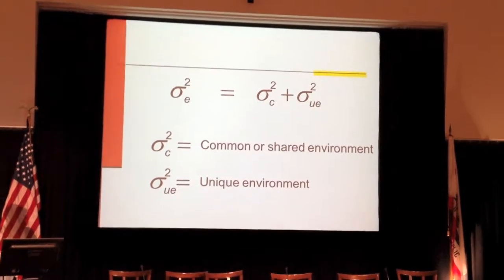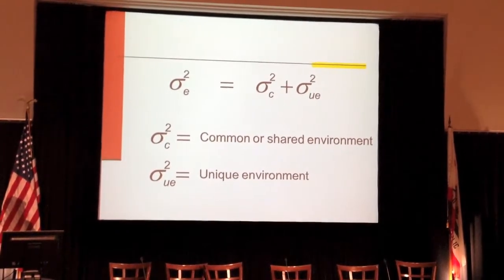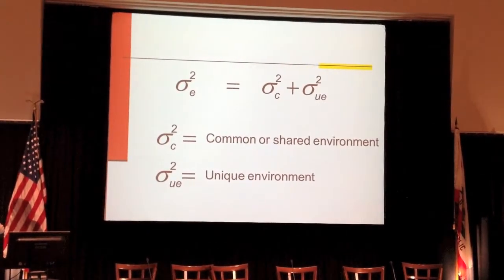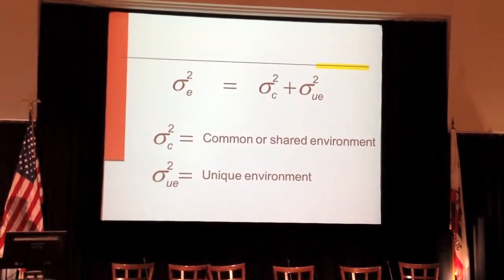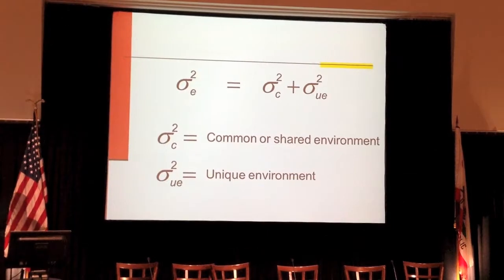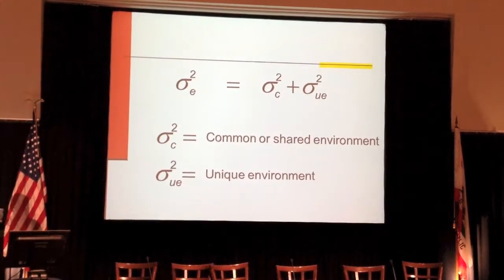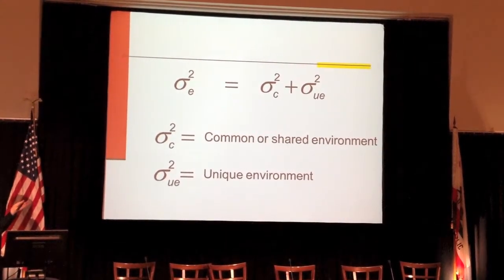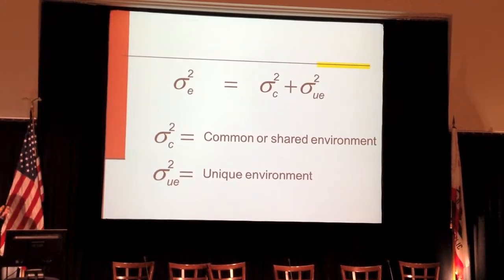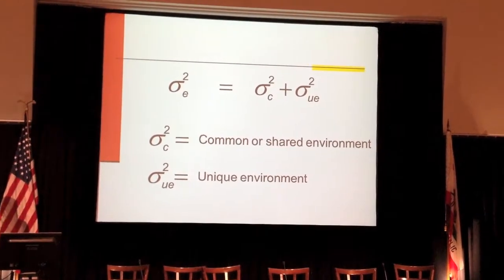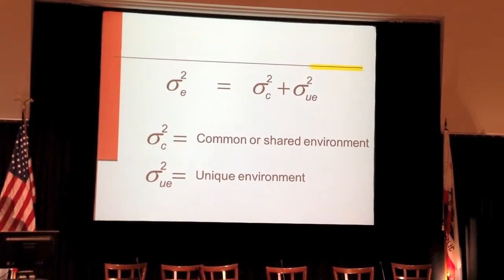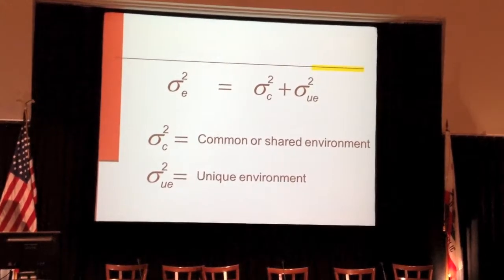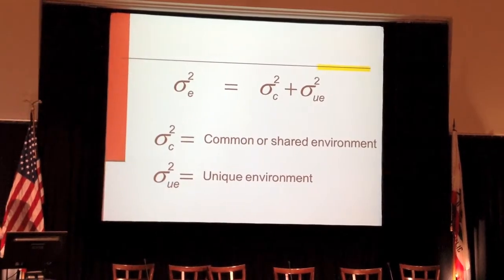Indiscriminate use of the ACE model may actually lead to C components borrowing some variance from the A component, because you're having two genetically similar people living in the same household, and so you have this interaction between genetic similarity, which we call kinship, and environmental similarity, which we call household effect.